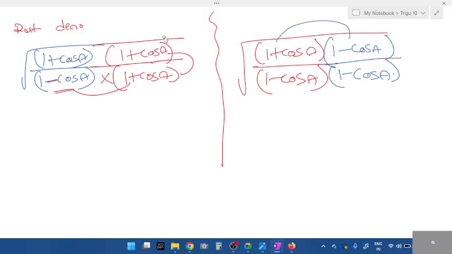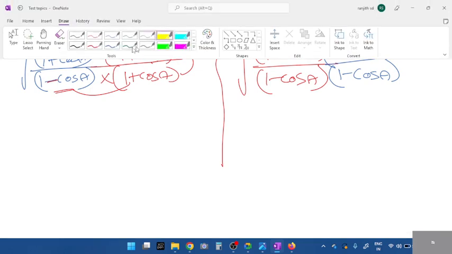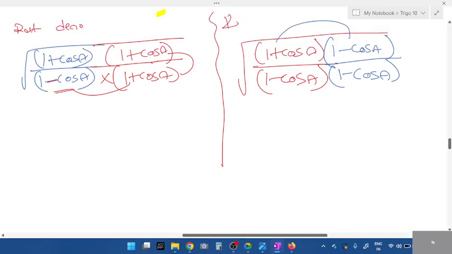Observe this left and right. Are they same or different, students? Both are different, right? Yes, they're different. This is what you call rationalizing numerator and denominator. This is rationalizing numerator. Now, the answer what you get?